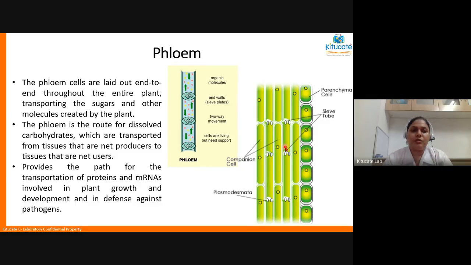Phloem helps in transportation of carbohydrates which are produced by the producers, that is the leaves, to the users, which can be any part, like the stem, the root, or any other part of the plant. So is phloem clear to all of you?